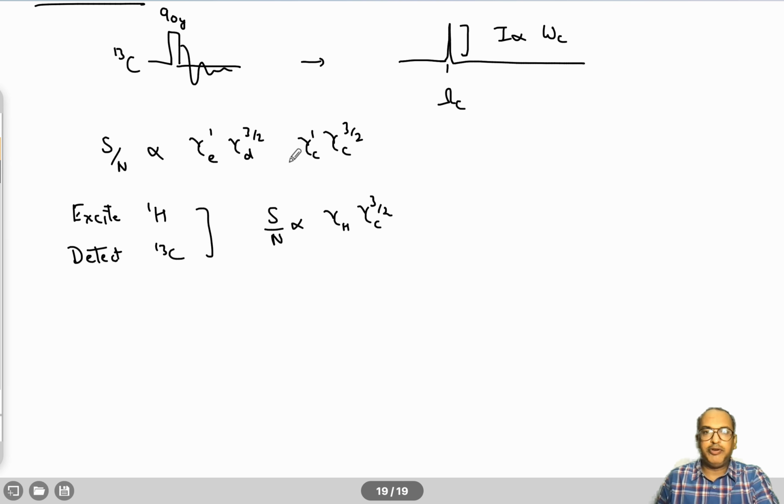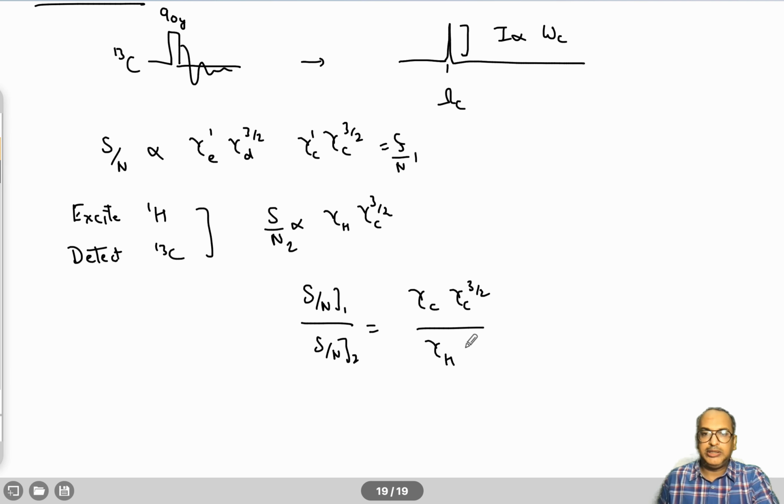So now if you take the ratio of, let's say, signal to noise 1 and signal to noise 2, signal to noise in one case versus signal to noise in the second case, what you will have is gamma C to the power 3 by 2, gamma H, gamma C to the power 3 by 2, right?